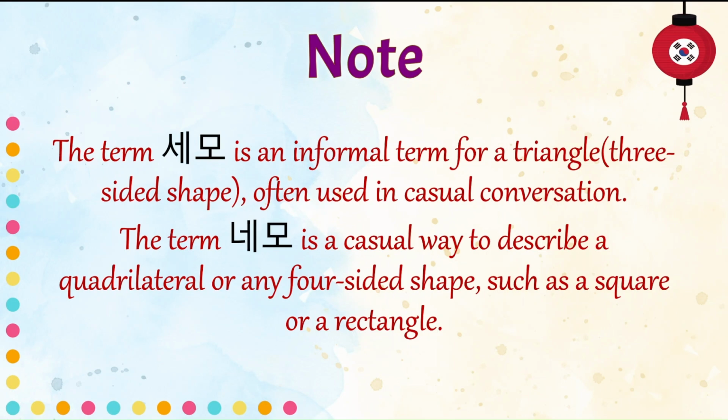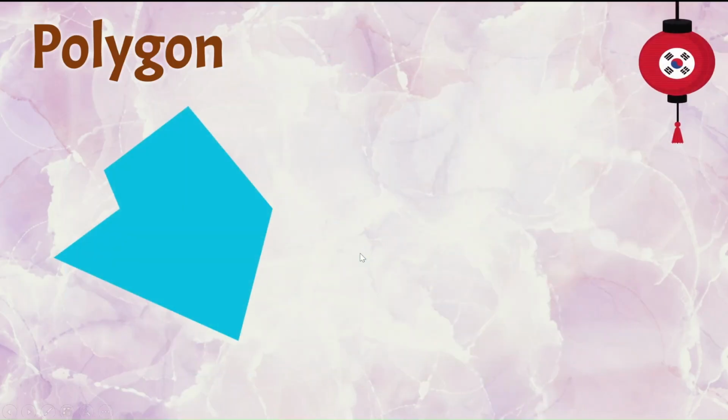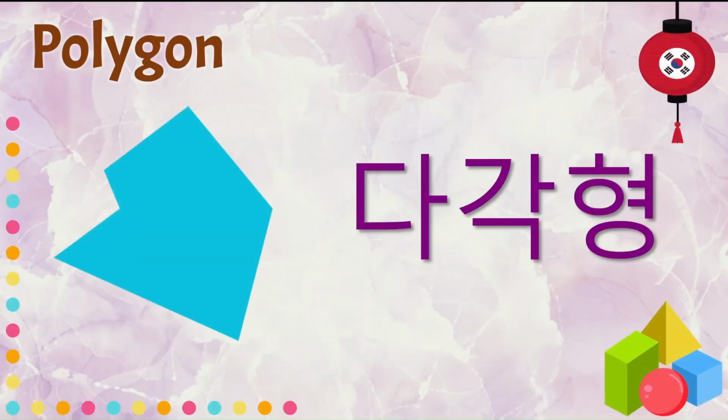When you're talking about the geometric term for a three-sided shape or a four-sided shape, then we have just seen those terms. But if you're talking about the terms that are being used in casual conversation, then we prefer using semo and nemo. Okay, now comes the Korean word for polygon, and that is dagakhyeong.